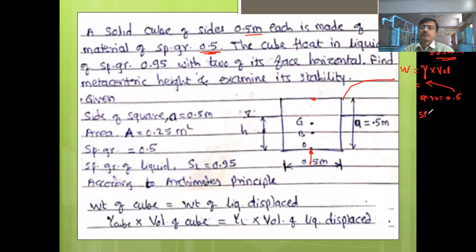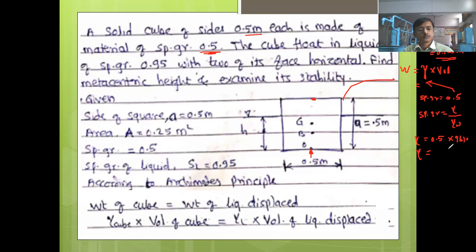Yes, sir. Specific gravity is equal to what? It is the weight density of any object divided by the weight density of water, right? So the weight density of the object is equal to the specific gravity of the object, that is 0.5, multiplied by the weight density of water, that is 9810. So you will get the weight density of that object.